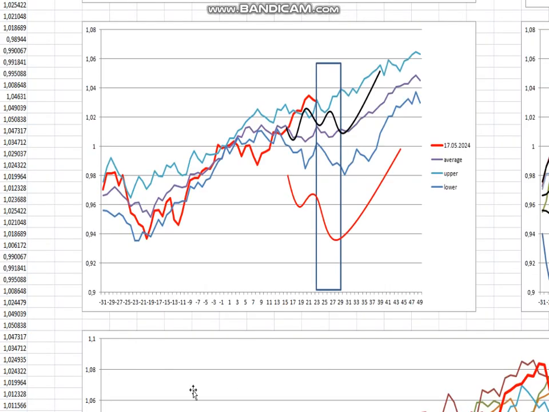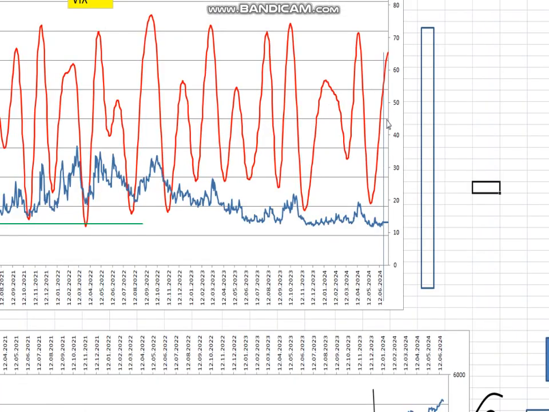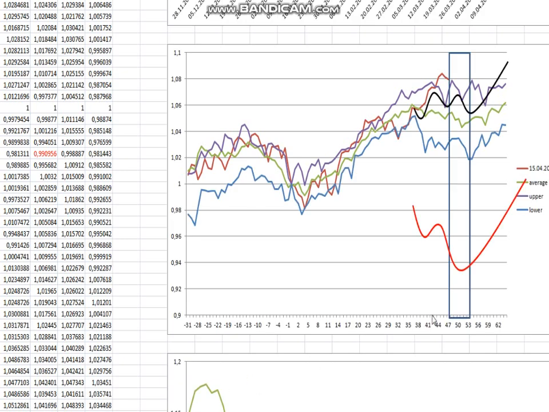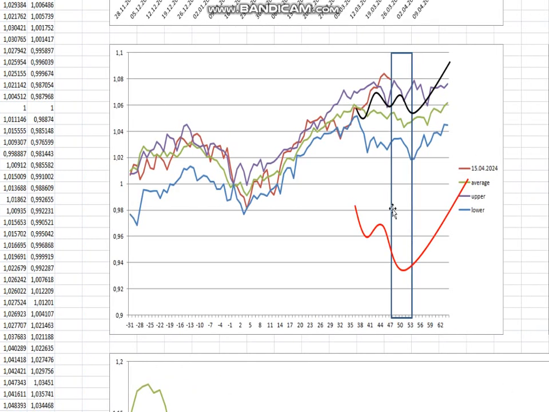I've been looking at the VIX wavelets. So the VIX wavelet has not identified any top yet. We need another pop-up in the VIX to complete this top, and I have 2 projections from VIX for the S&P.